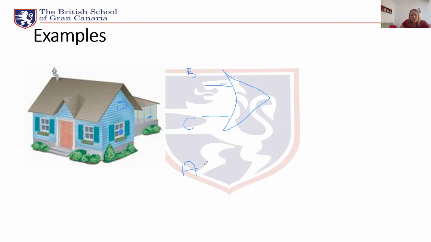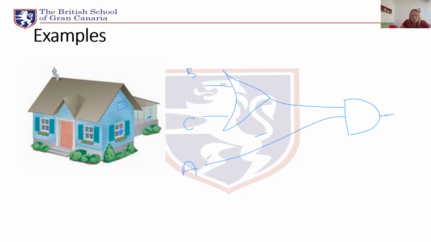Now, we need to make sure it only goes off when the alarm is on, so I think the best thing to do would be to connect this to an AND gate. So here, I'm going to put an AND gate, and in here is where the alarm's on. So I would join these right here to the AND gate, and then the output would be the alarm.